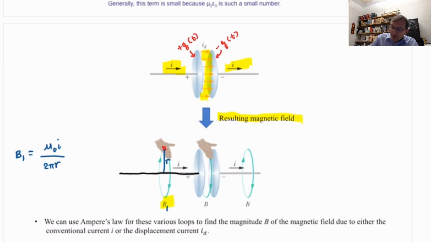And that is also true at this point over here. That's pretty far to the right of the capacitor. And over here I just have a long straight wire with conventional current to the right. And so I get the same B, B1, mu 0 I over 2 pi r. Conventional current producing magnetic field, long straight wire. In this case, we know the formula.